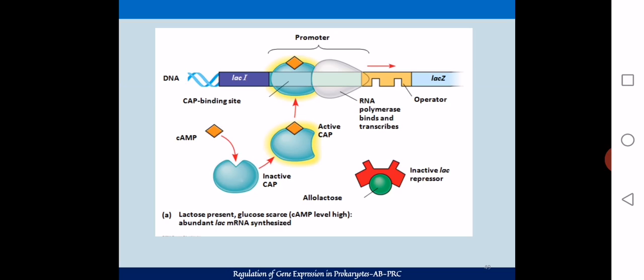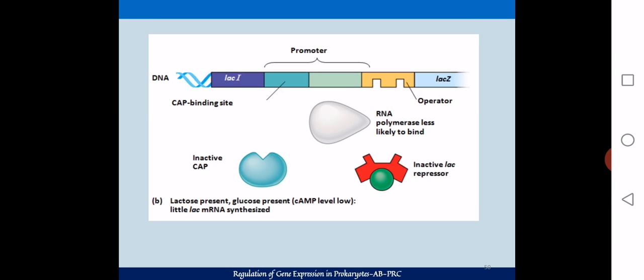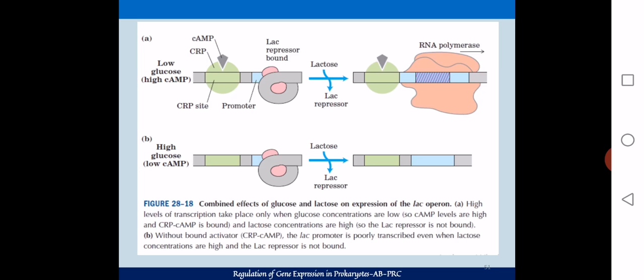And at the same time, this operon is already under negative regulation, and the rate of transcription will be enhanced by the catabolite repression. So all these images will give you an idea about how this CAP complex will help in the regulation of the lac operon.